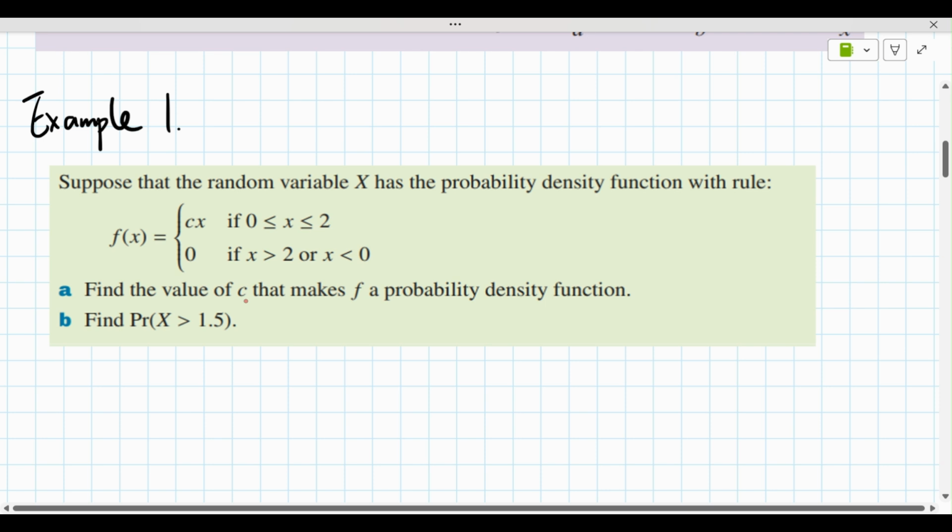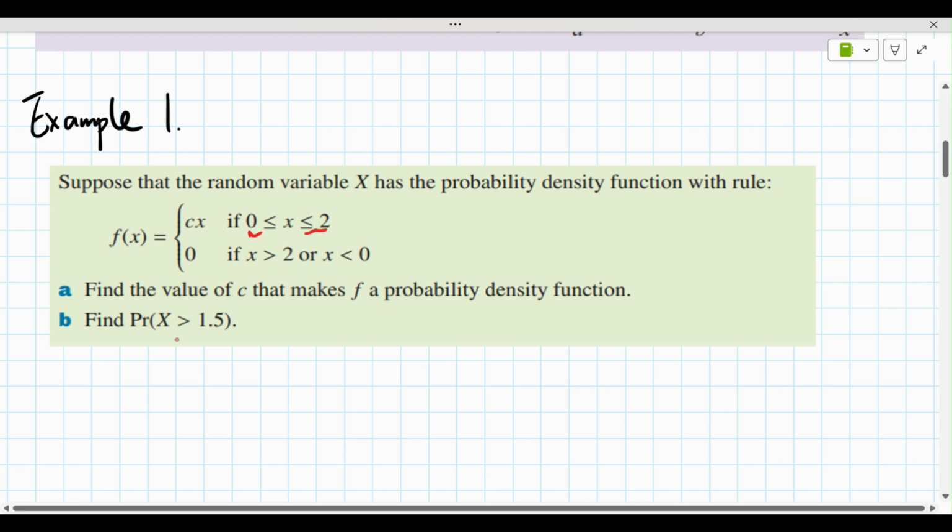First, we need to know the probability density function is actually cx from 0 to 2.